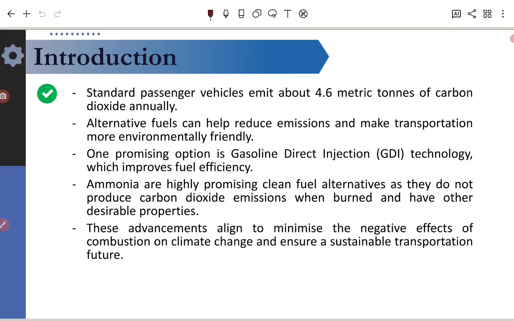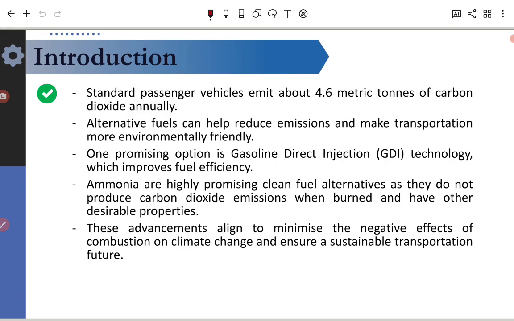As an introduction, we can say that a standard passenger vehicle emits mostly 4.6 metric tons of carbon dioxide annually, and sustainable alternative fuel can help to reduce emissions and make transportation more environmentally friendly. One promising option is gasoline direct injection (GDI) technology, which improves fuel efficiency and control. Another interesting option is ammonia.